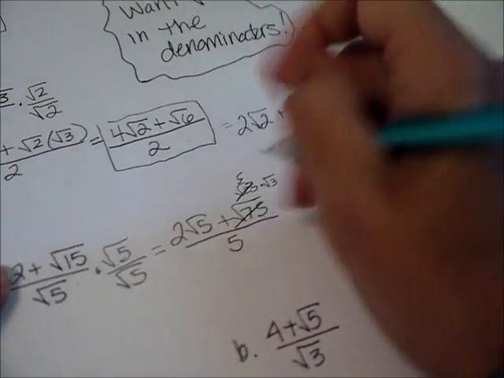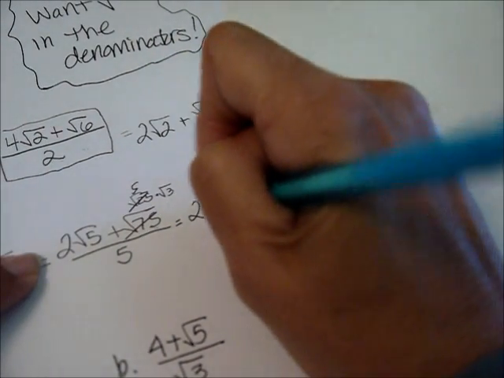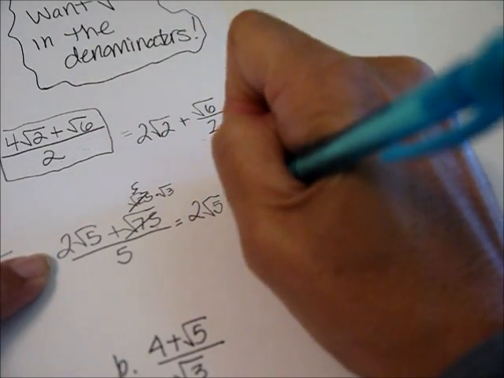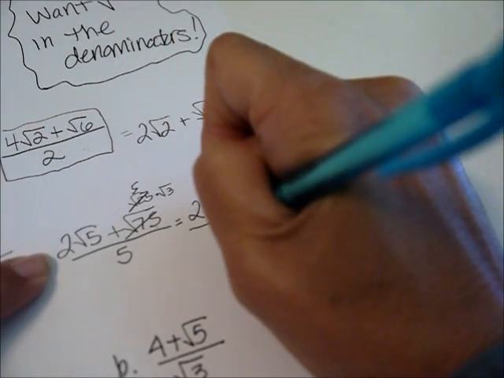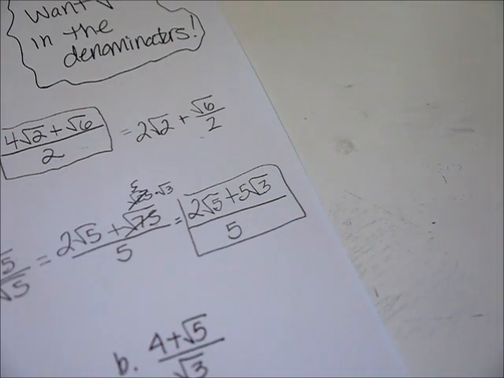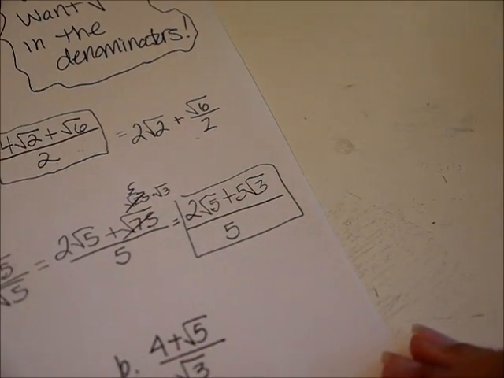Let's see if you can see my writing very well. Okay, so the final answer would be 2 times the square root of 5 plus 5 times the square root of 3. These are not like terms, so we cannot combine them, all over 5. And again, I'm going to peek and see if they would want us to reduce. Nope. So that's the final answer.